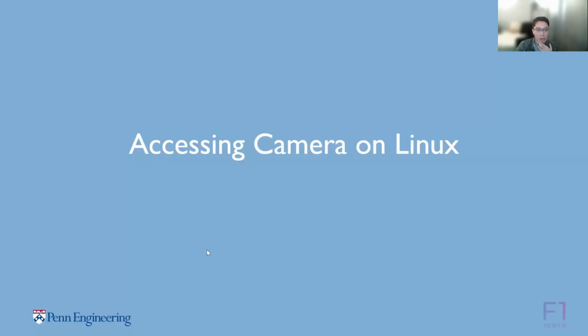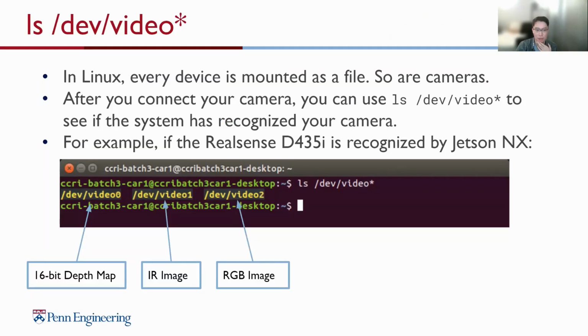Okay, next is how do we access the camera images on Linux systems? In Linux, every device is mounted as a file. Cameras are the same. If you connect the camera to the Linux system, it doesn't matter which connector you use.